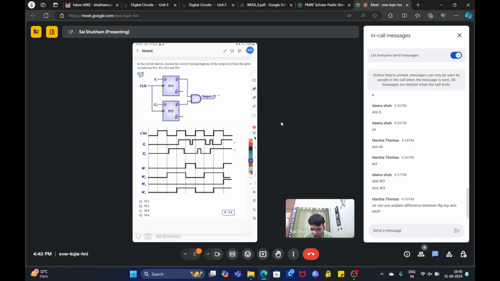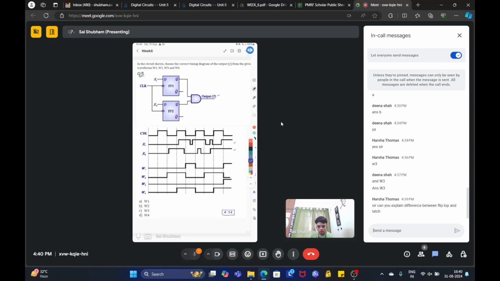So the simplest difference between a flip-flop and latch is that a latch is a level triggered device, whereas a flip-flop is an edge triggered device, which means that a latch is active when your enable signal is active. Whenever your enable signal is 1, your latch can perform all the operations.